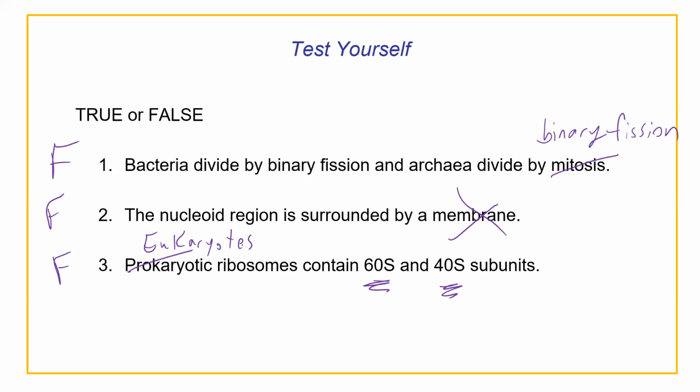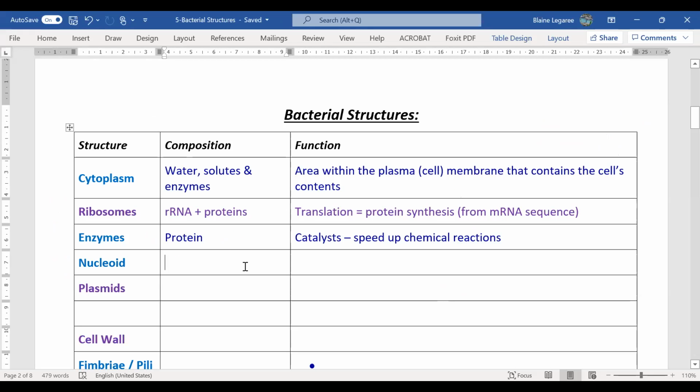Okay, so I'm going to go back to that Word document and fill in a couple of the notes. We have the nucleoid. Remember the nucleoid is basically just DNA. And what's its function? Well, what's the function of DNA? DNA stores the genetic material of the cell.